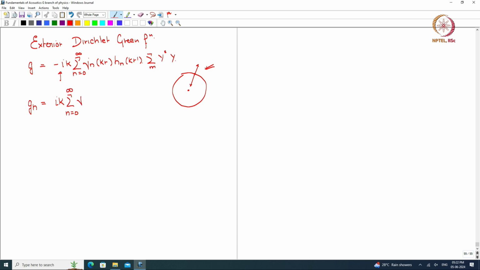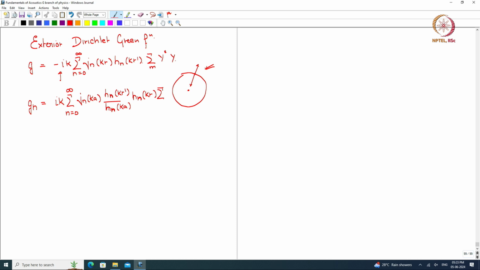Then I have j n of k a, Hankel function of k r dash by Hankel function of k a and Hankel function of k r, and this summation over m.